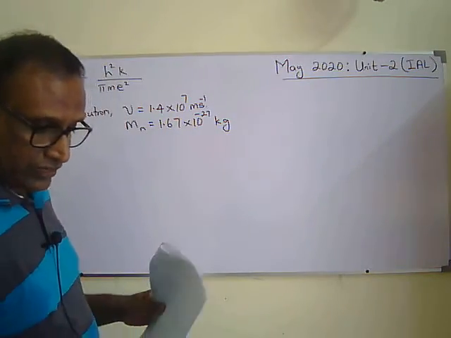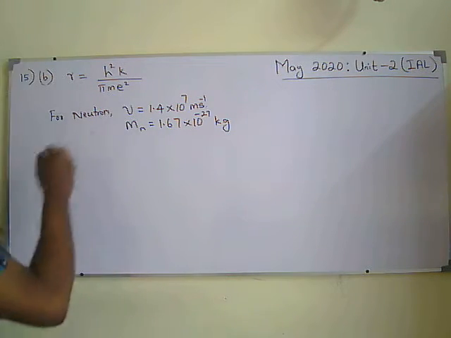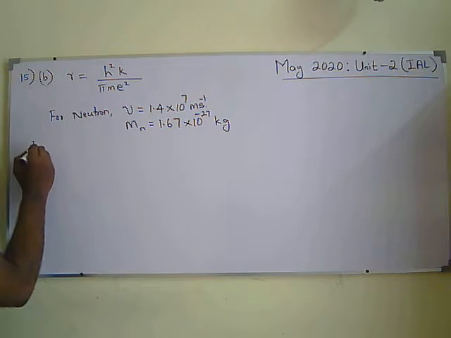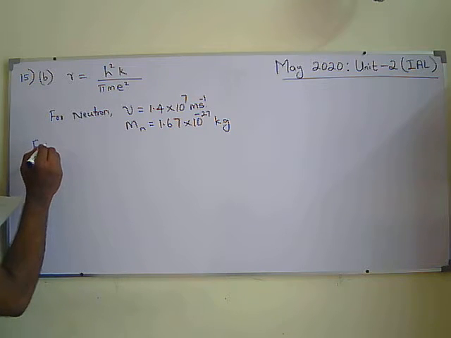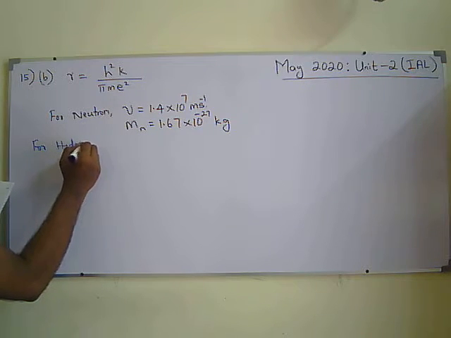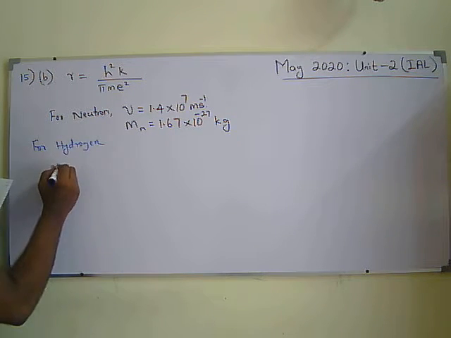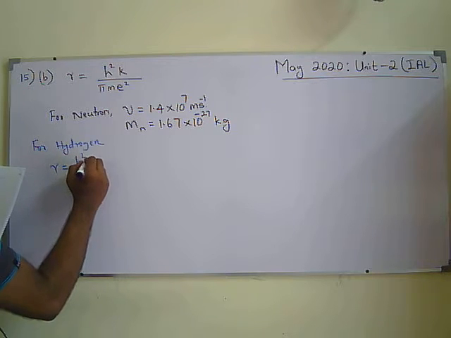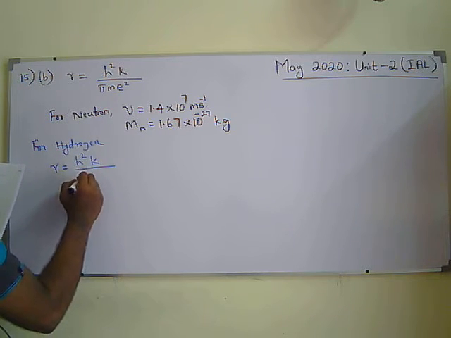So first we'll find the radius for hydrogen. The radius is equal to h squared k over pi m e squared.